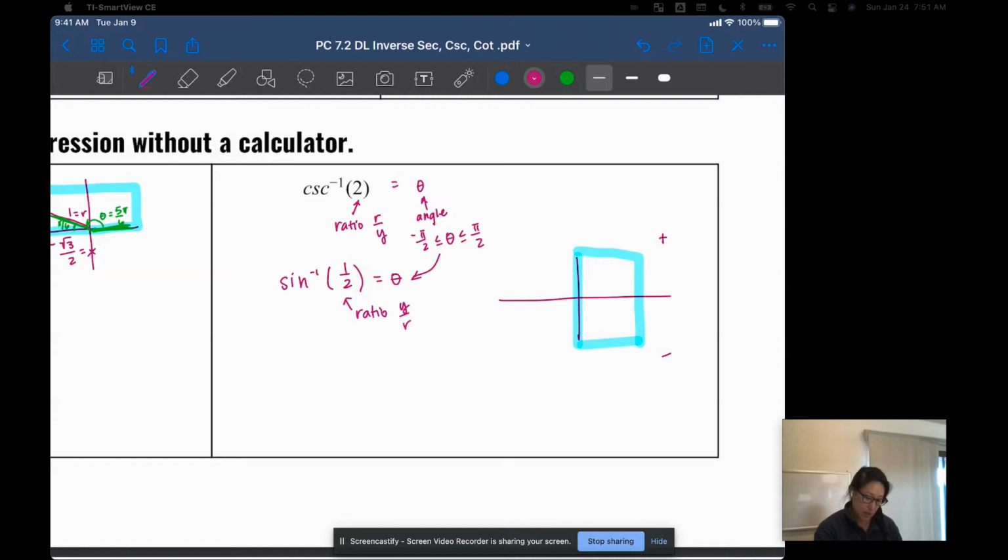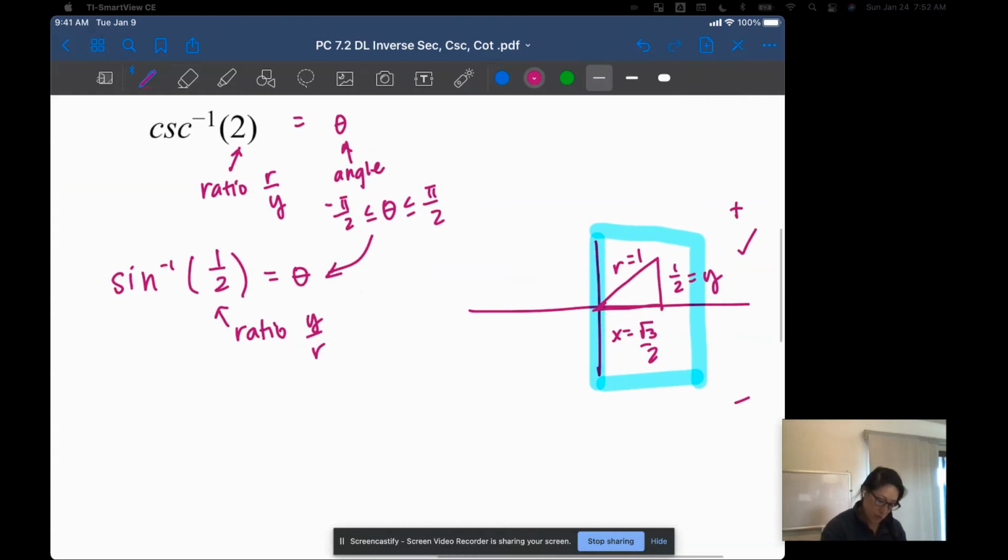Sine is positive in the first quadrant, so I'm going to use that and set up my triangle there. The sine ratio is 1/2 is y, r is equal to 1, and then the x would equal √3/2. You don't have to really write the x, but I like to see that it's a 30, 60, 90 triangle and prove it to myself.